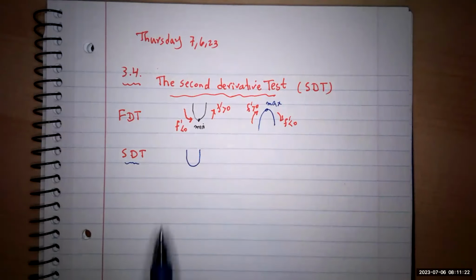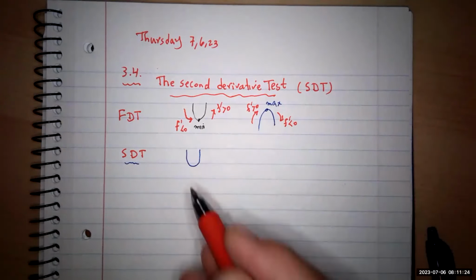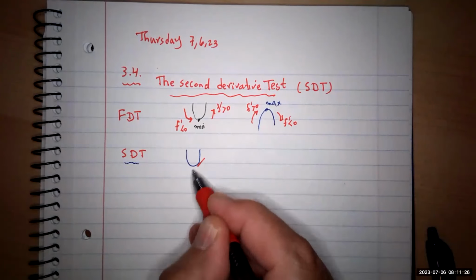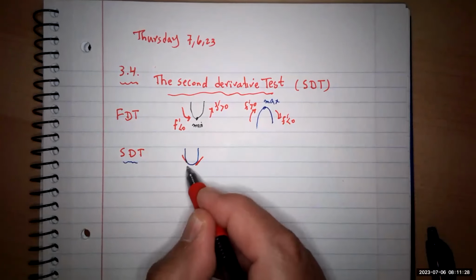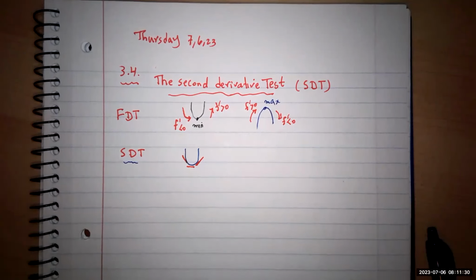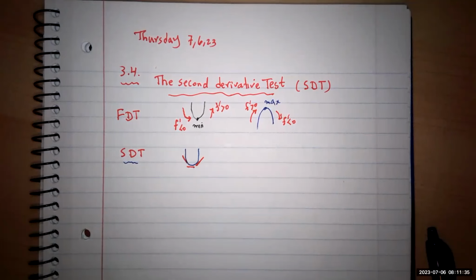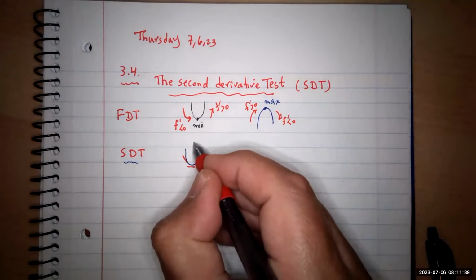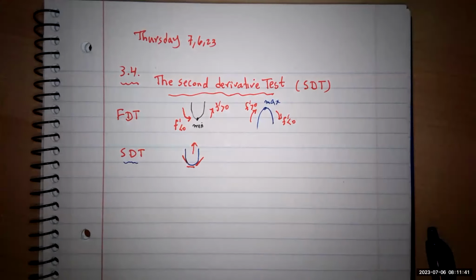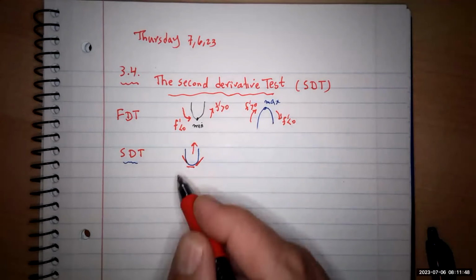You see, for this graph, if you check the tangent line at any point you like, the graph of the function is above its tangent line. When it's above its tangent line, we say it's curving upward, or we say concave up. When the graph is curving upward, then you have the minimum here.